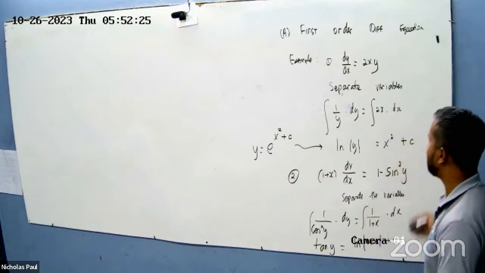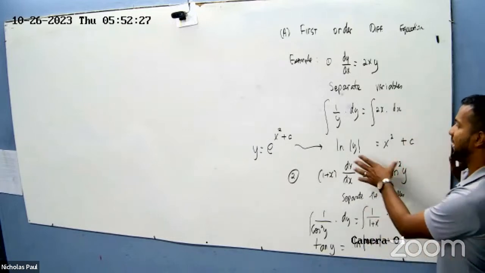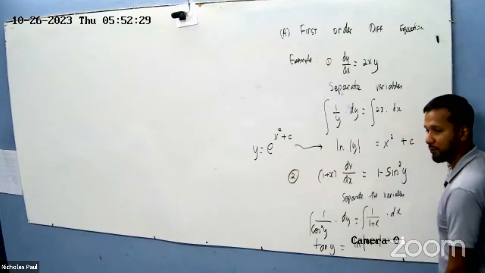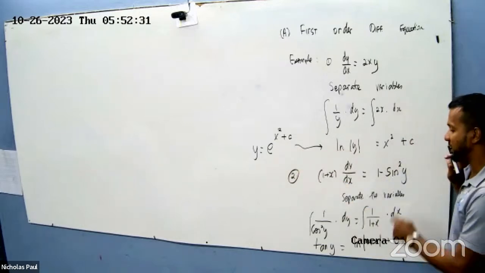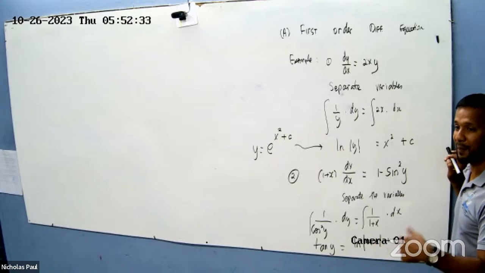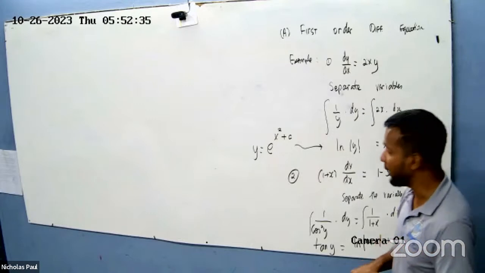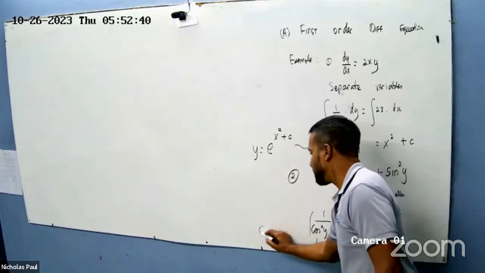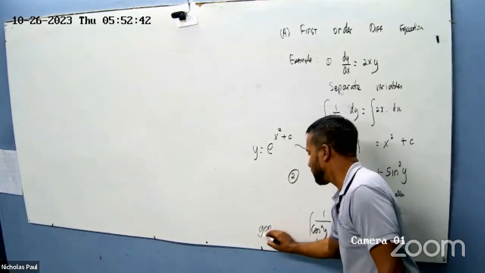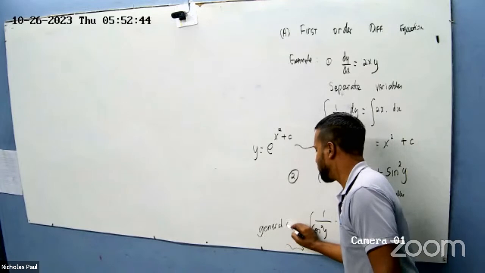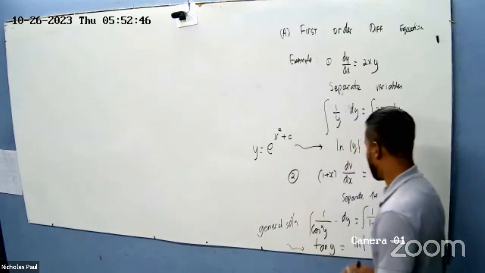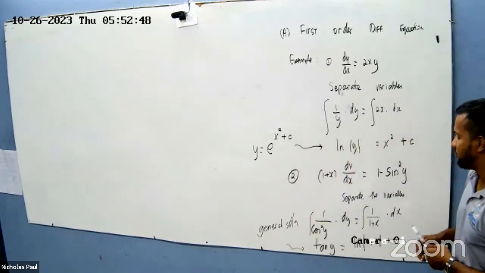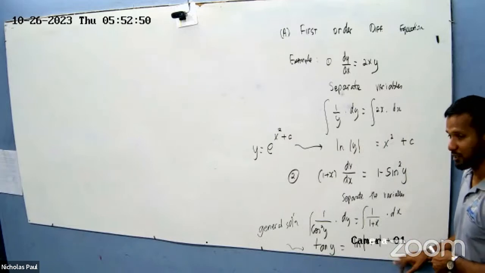Please remember, this here we call the general solution. I'll show you how to get a particular solution. No matter what you put for x and y, this is the general solution.